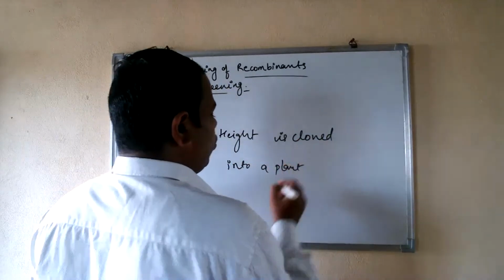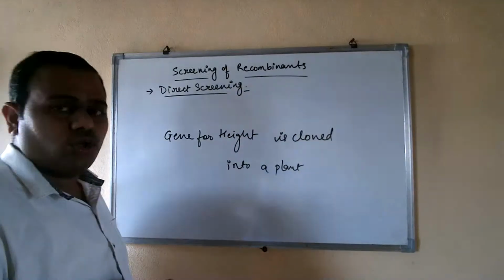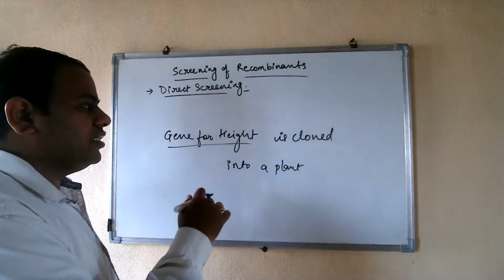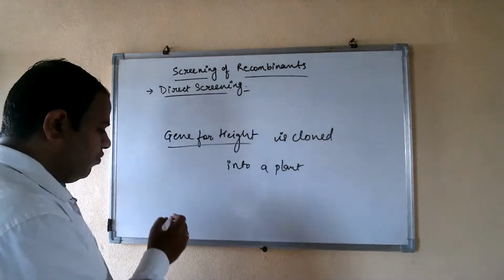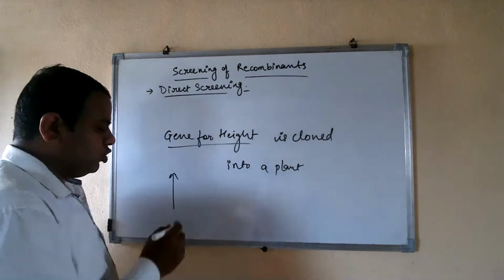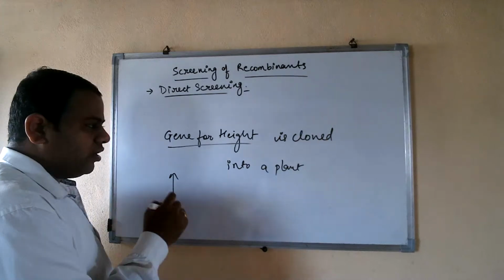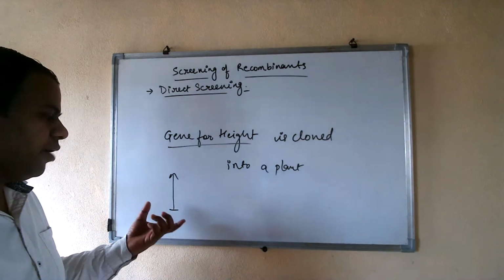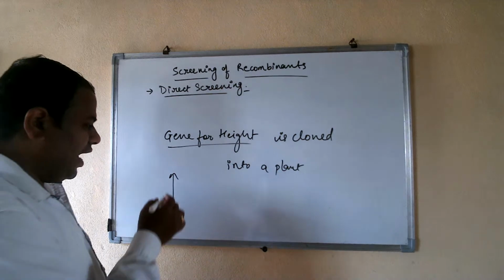So what is going to happen here? If your gene for height, or height increasing gene, is inserted into a particular organism, whether it can be a plant, a bacteria or an animal, then the character of that gene is immediately expressed.